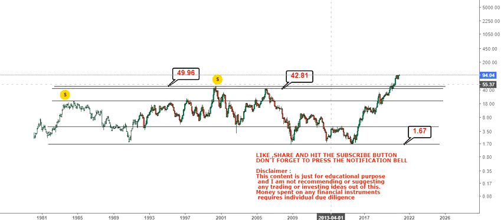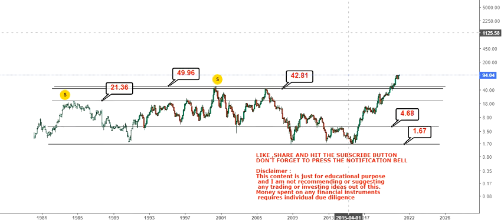These two levels are the most important support levels for this stock and the big uptrend. The stock must not fall below $42, otherwise it will enter into its previous trend. After 42, the next support is at $21, followed by $4, and then $1.67.